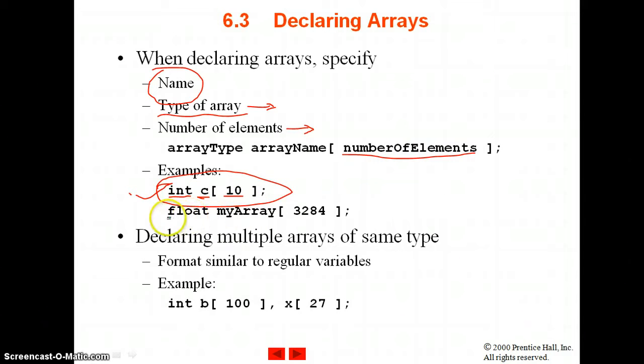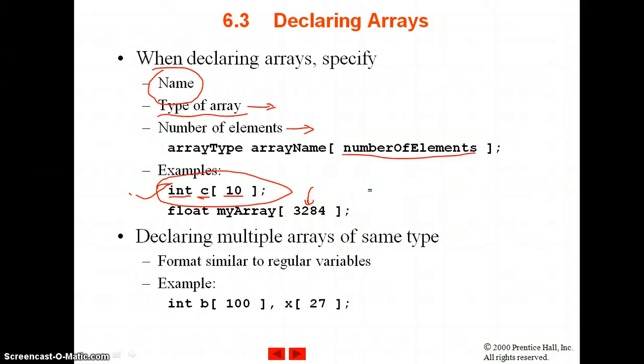Another example, float myArray of 3284. Float is the data type of array or type of array. myArray is the name of array, and the number in the bracket indicates the number of elements of array or size of array.